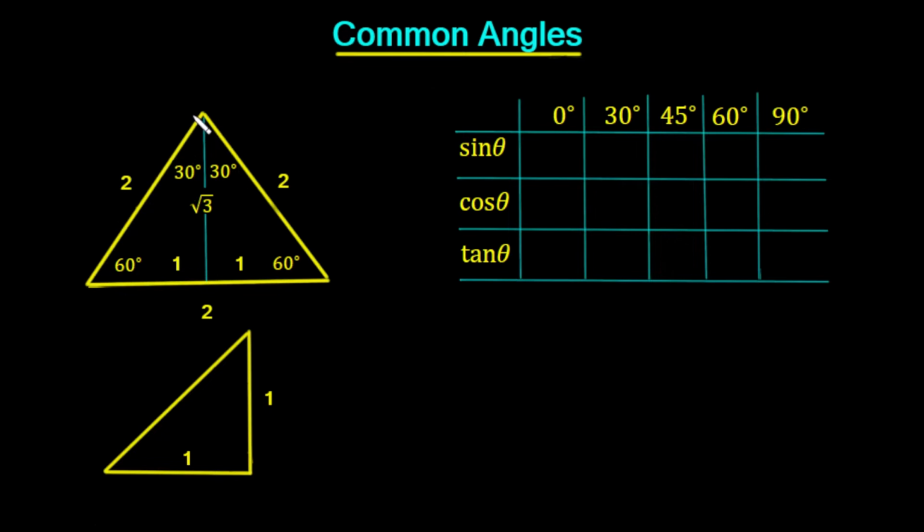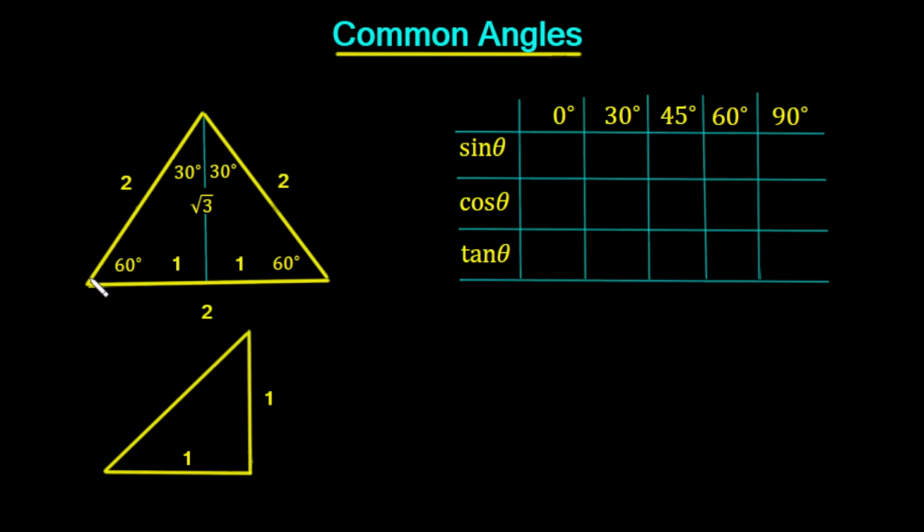The first triangle you see here is called an equilateral triangle. That is, the length of all of the sides are equal. And in this instance, we're going to make the length of each of the sides 2. So this is 2, 2 and 2.